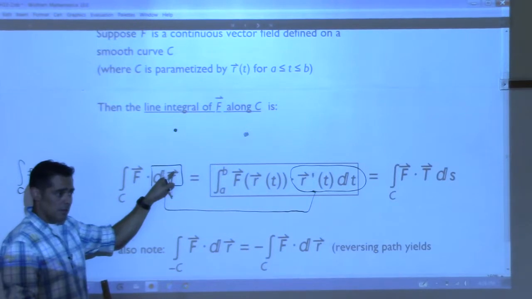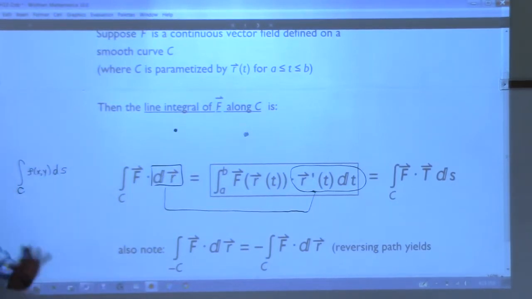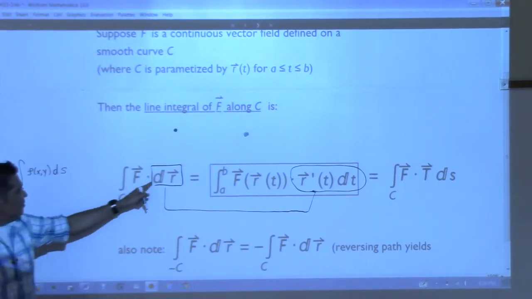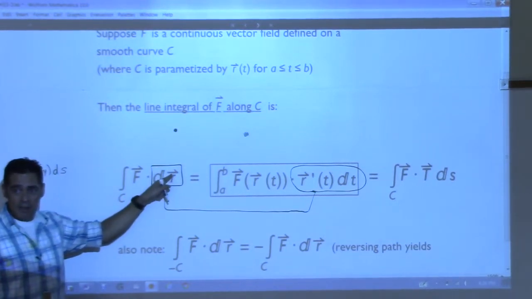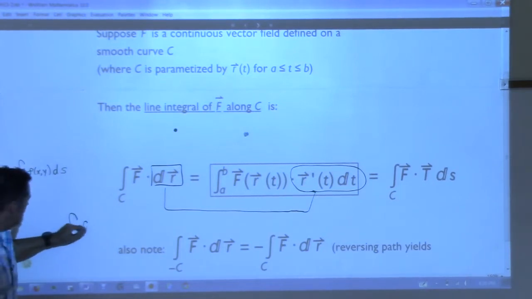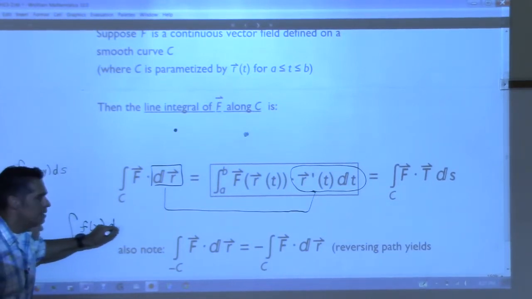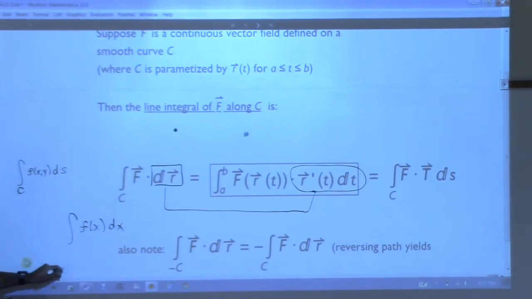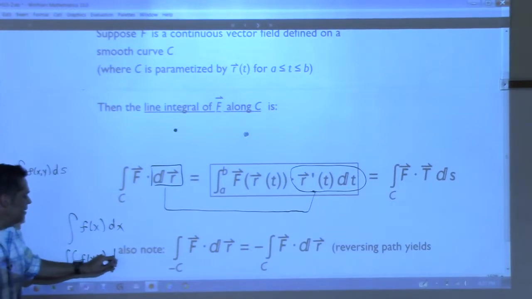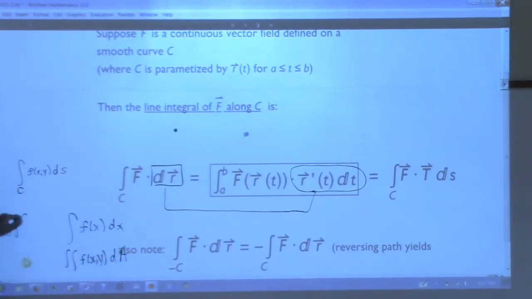dr vector, all right? This is the first integral ever that you should have ever seen in your life where this is a vector, right? I mean, in your Calc 1, f of x dx, double integrals, f of x y dA, triple integrals, f of x y z dV, arc length ds.